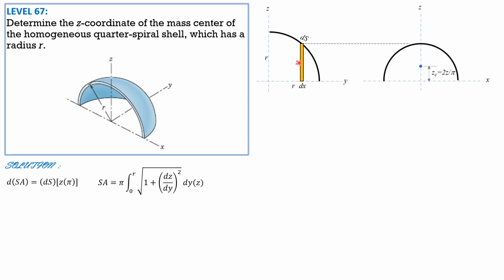So what is z? Since this is y, that's z, and this is r, so z is square root of r square minus y square. So that's the radius r, this is y, so z is square root of small r square minus y square.